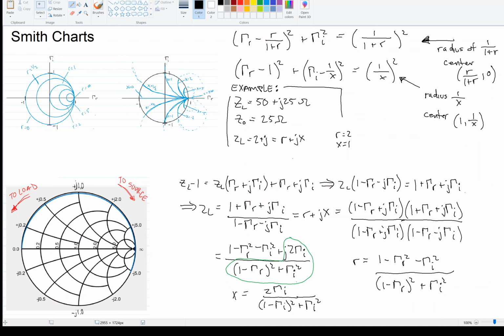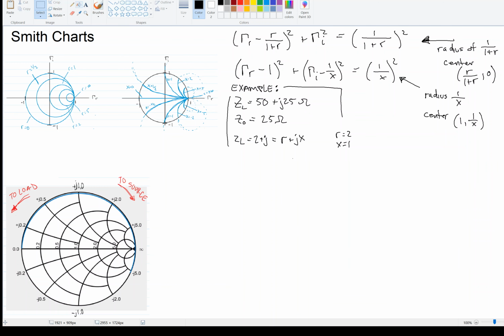Now, I guess not in general, but for more cases, I'll give you a couple cases, and I'll put more in my notes. But let's say the normalized resistance, this is the R value, is 0.